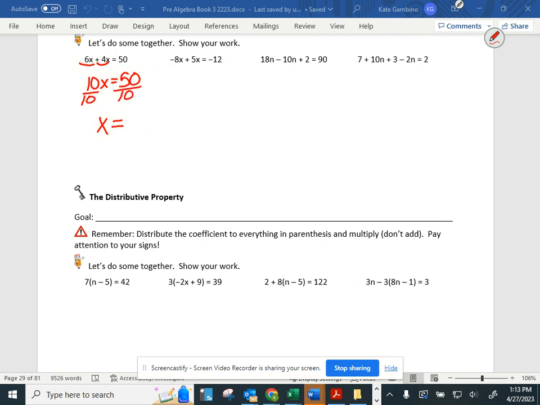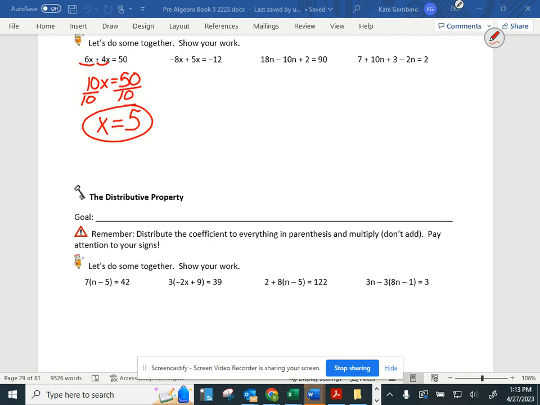We want the x to remain, so we're not dividing by 10x. We want that x there, so we're just dividing out that coefficient of 10. So 10 divided by 10 is my 1. I don't have to write the 1 because 1 times x is still x. 50 divided by 10 is 5. So that is my answer.